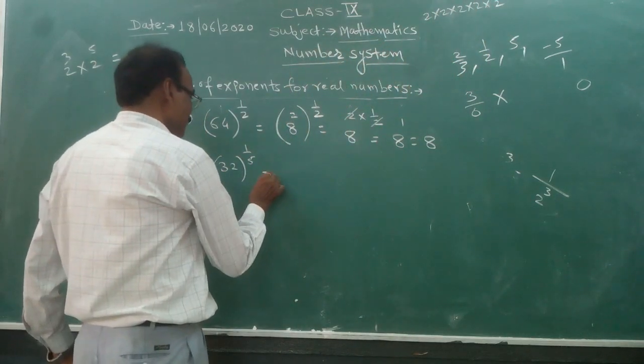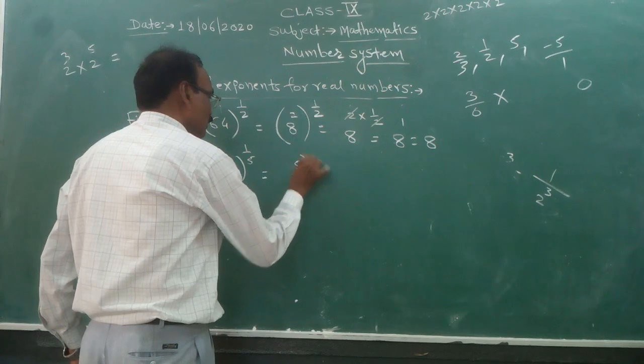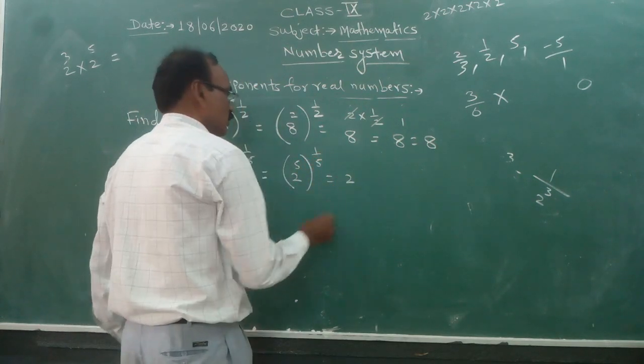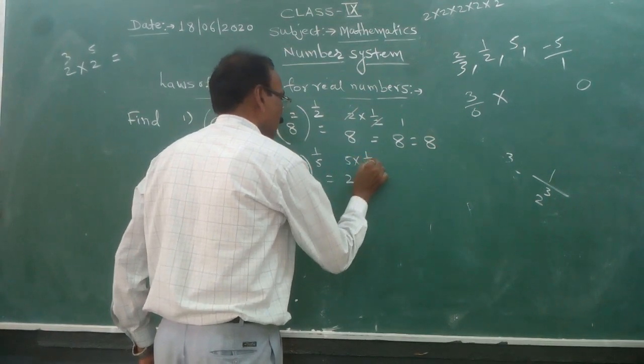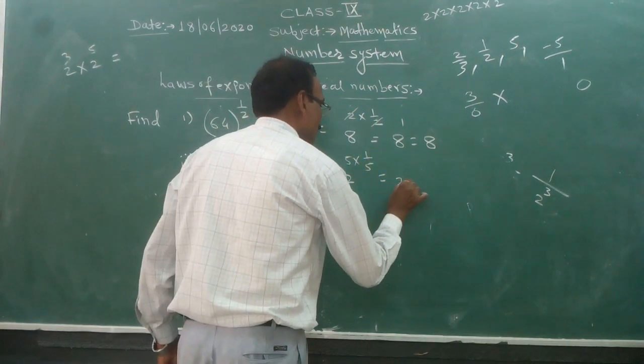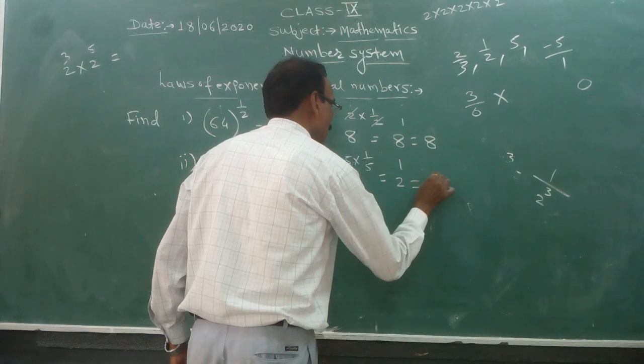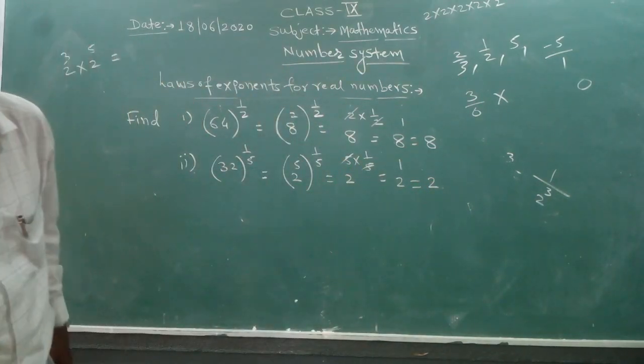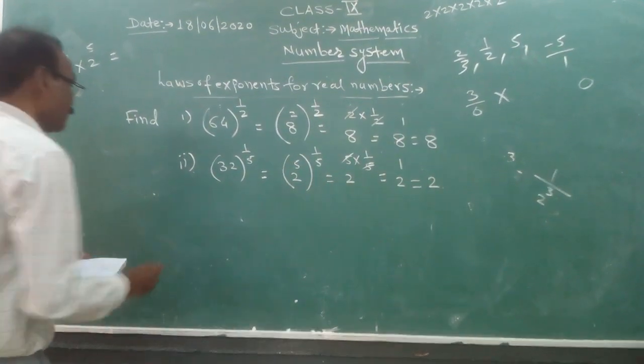That is, I can write 32 as 2 raised to the power 5 whole raised to the power 1 by 5. Again 2 raised to the power 5 into 1 by 5. That is 2 raised to the power 1, means answer is 2 here. Cancelling this 5.